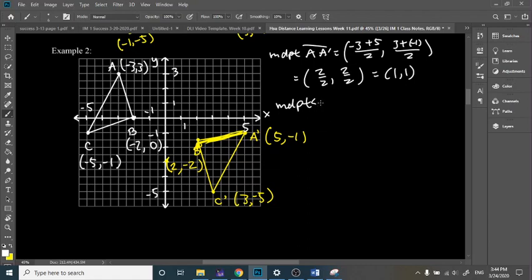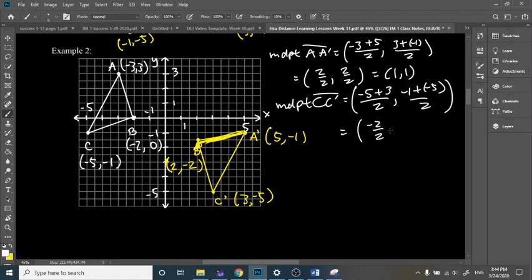All right, midpoint of C to C prime. All right, we have -5 plus 3 divided by 2. Then we have -1 plus -5 divided by 2. So this is the same thing as saying 3 minus 5. So that's -2 over 2.